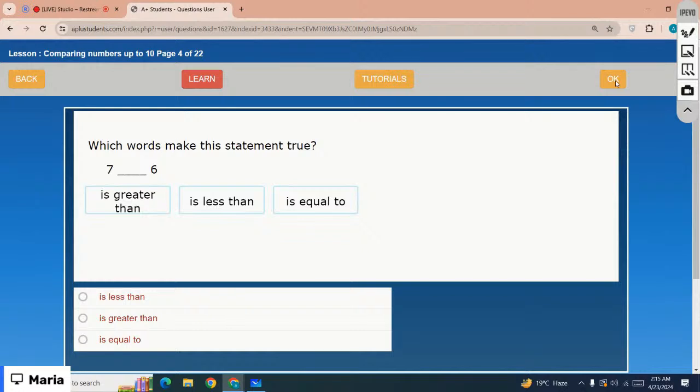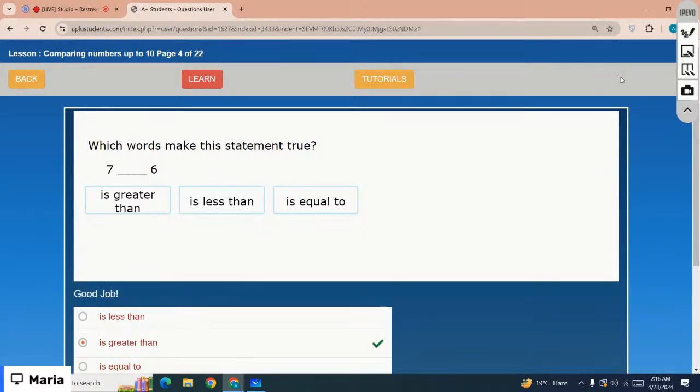When you count, 7 comes after 6, right? So the correct option is 7 is greater than 6.